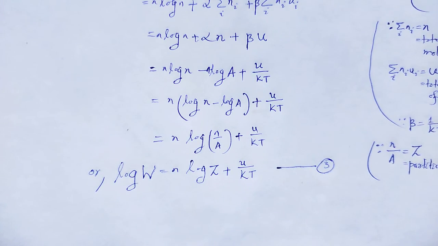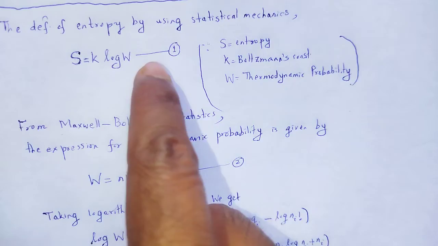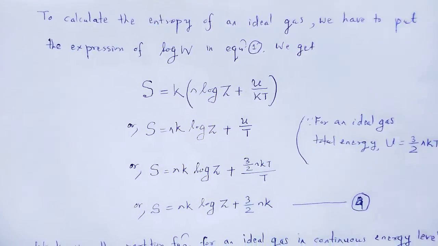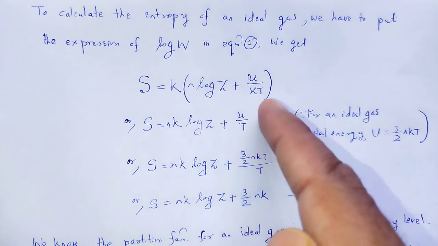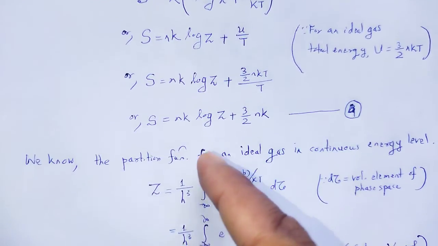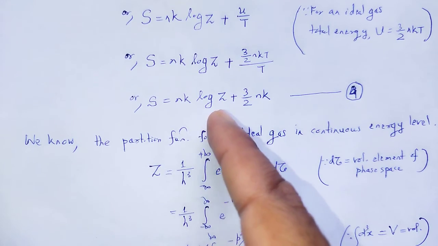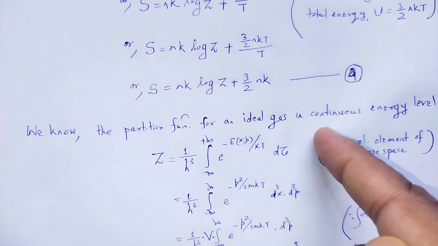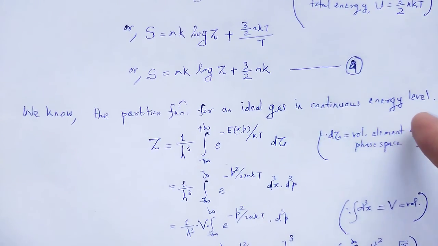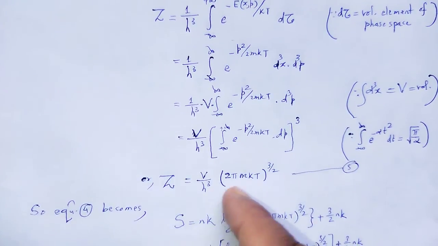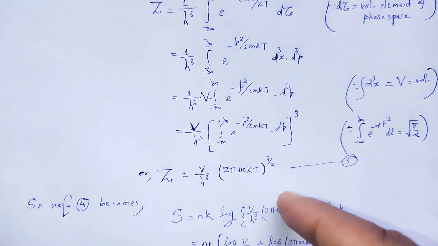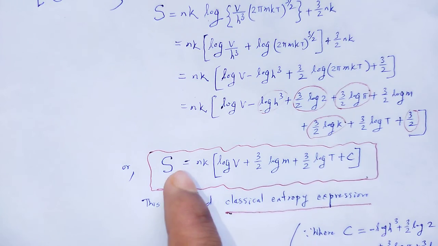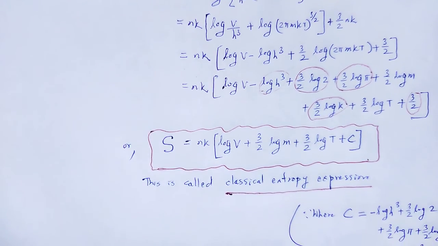Then we put the value of log W in expression number 1. Again, the partition function Z for an ideal gas in continuous energy level, that value of Z is put in, and solving it we obtain the classical entropy expression.